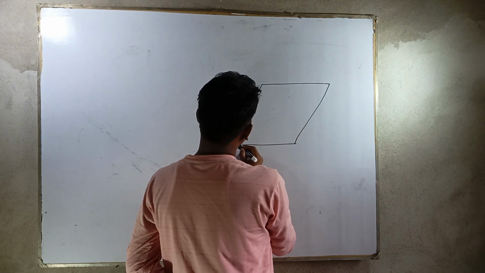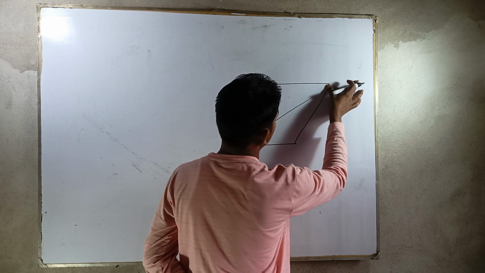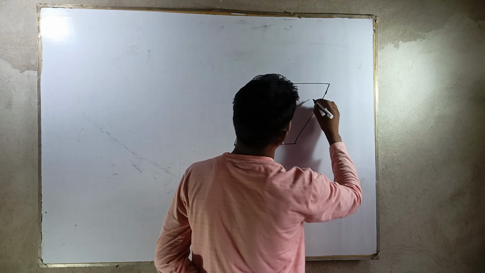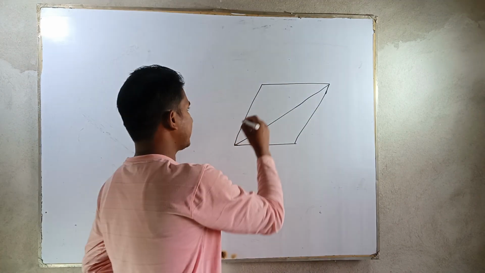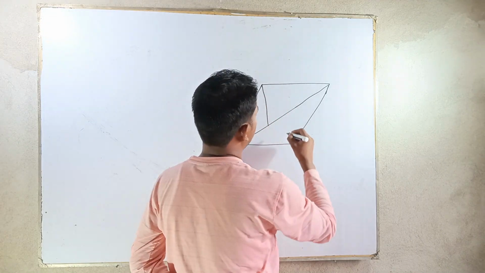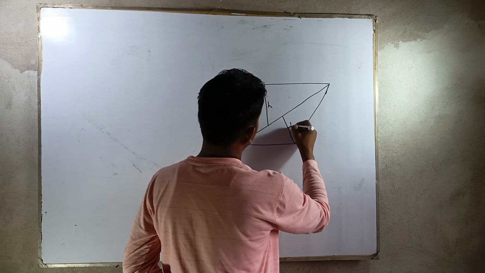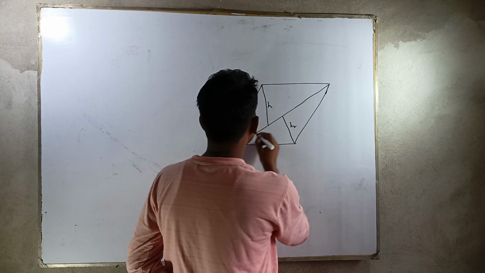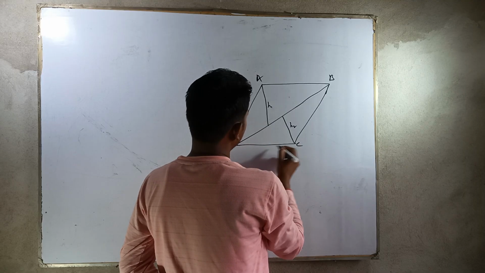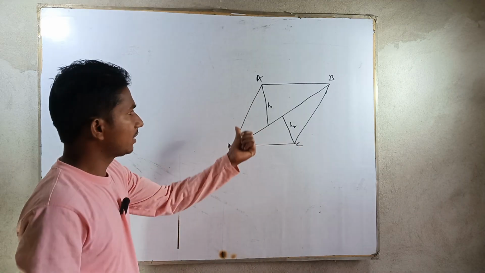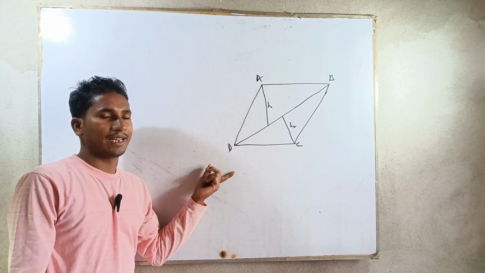It has H1 and H2, and this one is the diagonal, with vertices A, B, C, D. So in the figure, this is a quadrilateral. How will I find out its area?